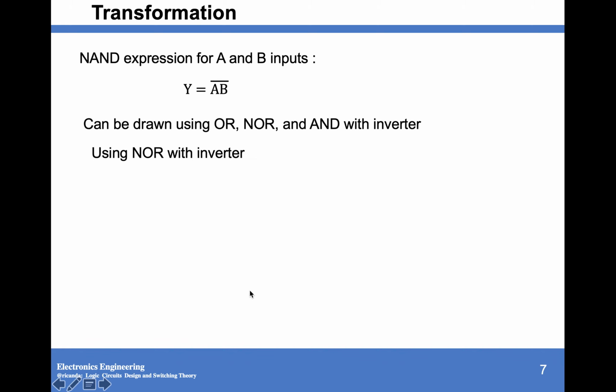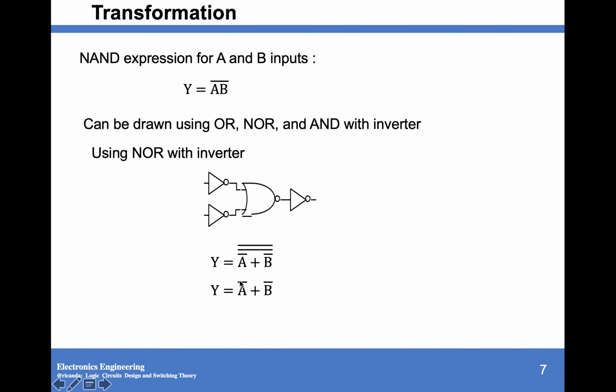Then for a NOR with inverter, we have a NOR, and the output of your NOR must be connected with an inverter. Your two inputs, A and B, must also be connected with inverters. If you get the expression of this circuit, that is A bar, then a plus sign of B bar, then we have a double bar. If we apply the double negative, it will now become A bar or B bar.